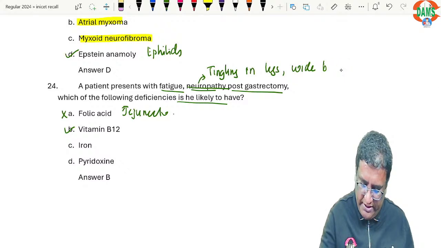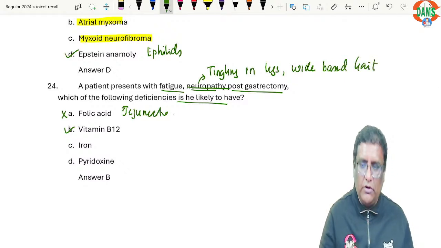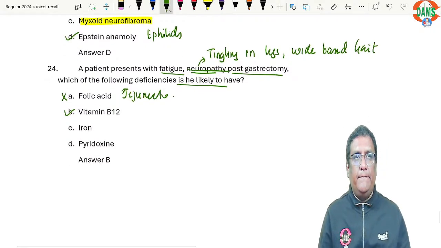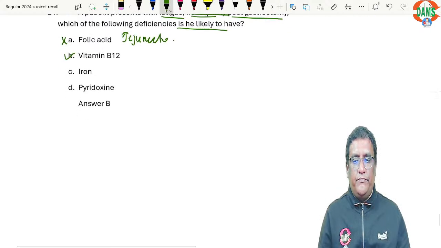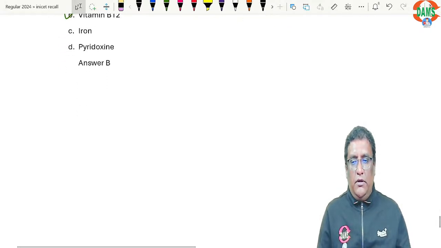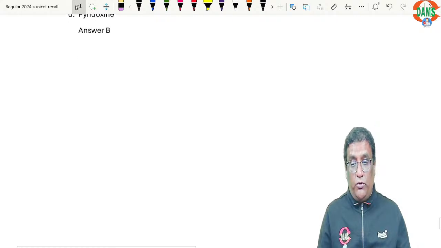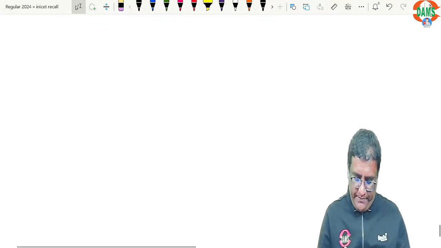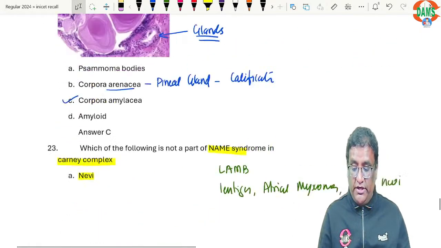Okay, wide based gait. Okay, Romberg's positive was also given. So it should be SACD. Then the 25th question is the T cell activation.